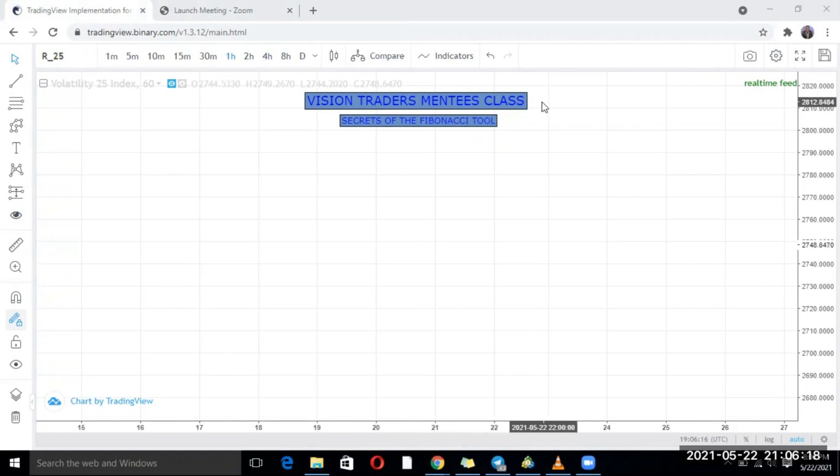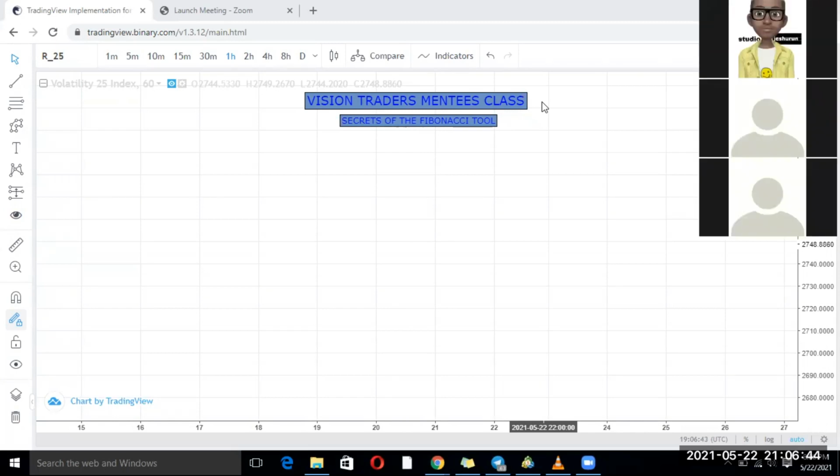Good morning once again, guys. I hope our weekend has been great. So today we're talking about the secrets behind the Fibonacci tool. Oftentimes we've known that the Fibonacci is a tool used for trading retracements, or in fact, majorly we all know that it's a tool for trading retracements, right?